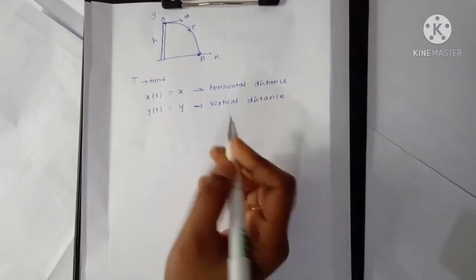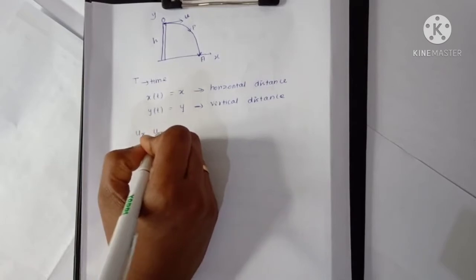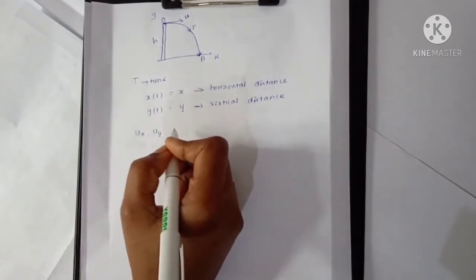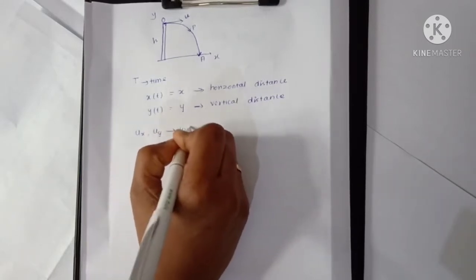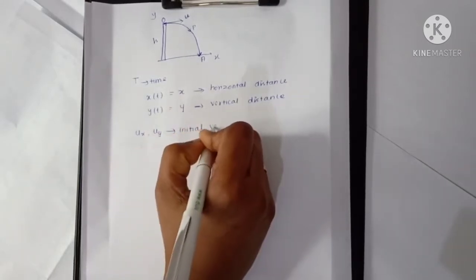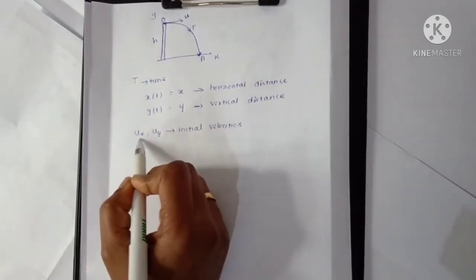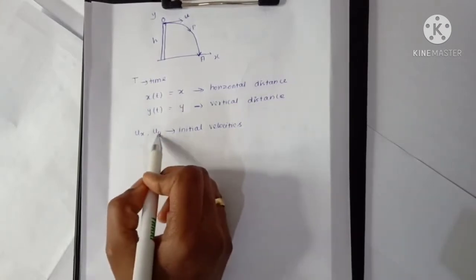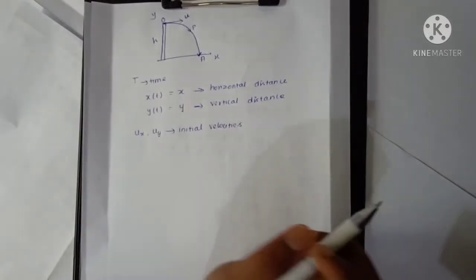Let us consider ux and uy as the initial velocities of the horizontal and vertical components. So ux is the initial velocity of the horizontal component, and uy is the initial velocity of the vertical component.